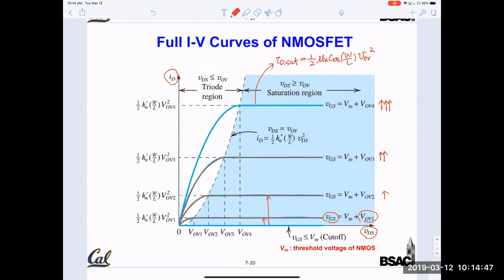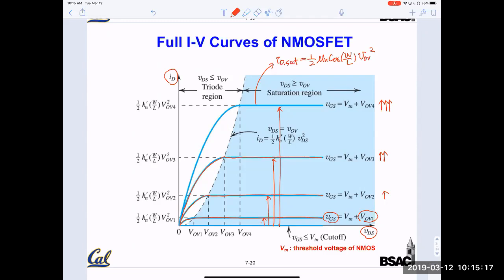After squaring, you go from 1 to 4, and with equal spacing, this should be 9, and then 16. So this will be a non-uniform set of curves, getting farther and farther away from each other. This is due to the square dependence on overdrive voltage.